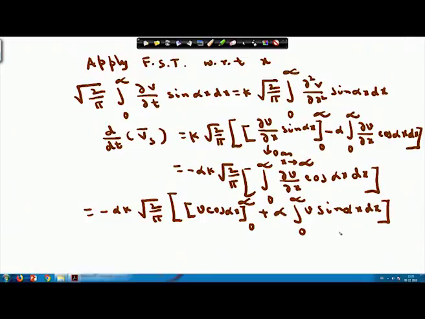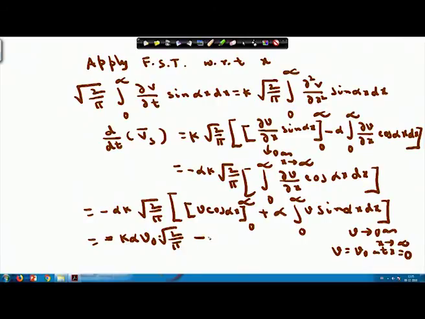Please note that v approaches 0 as x approaches infinity and v equals v 0 at x equals 0. So the first part becomes k alpha into v 0 into root over 2 by pi, minus k into alpha square into v bar s. So, this extra term is coming over here now.